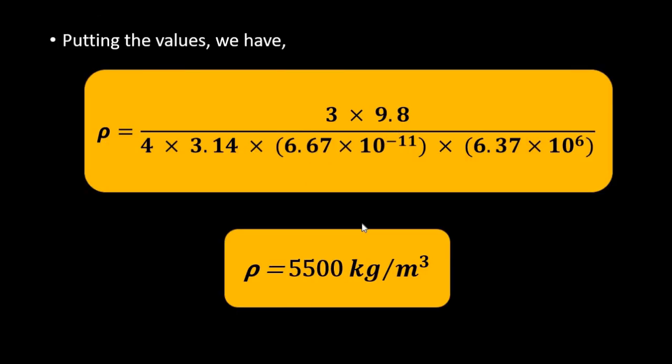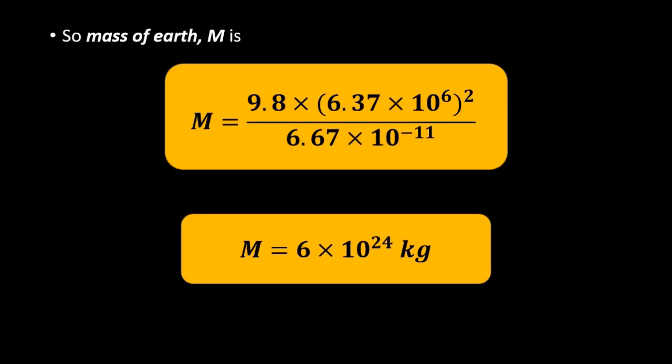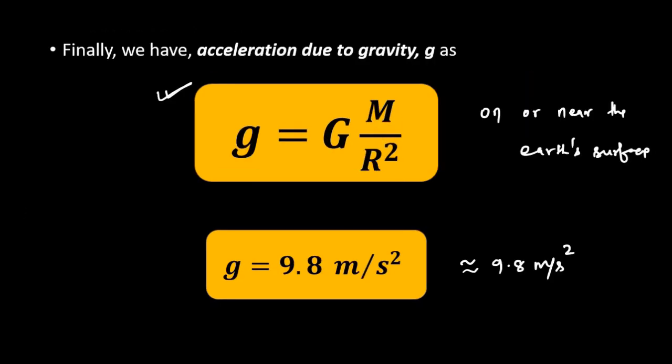Again we are assuming that Earth is a solid sphere with uniform homogeneous mass distribution, uniform mass density. Under that assumption, the average mass density is equal to this, and the mass of the Earth is equal to this approximate value. Again I'm repeating, these are approximate values, not accurate values.